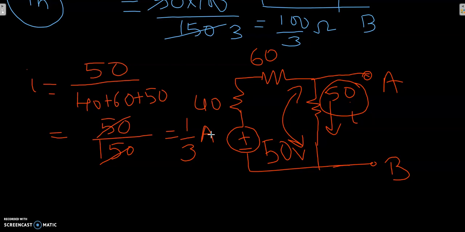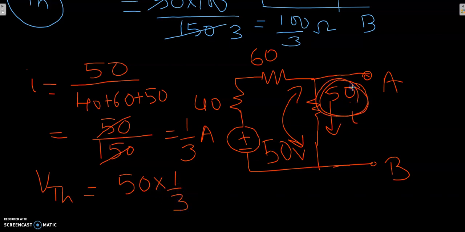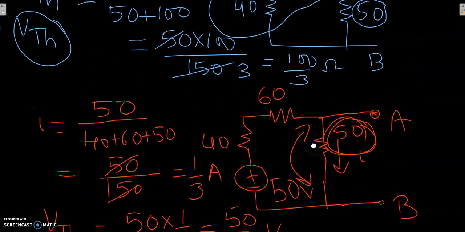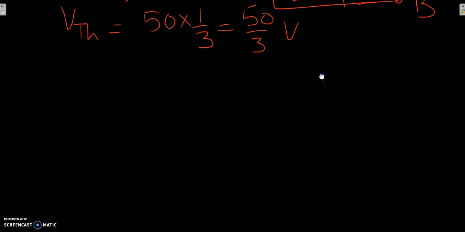So VTH would be 50 into 1 by 3, where 50 is this resistance. So this equals 50 by 3 volts. Okay, so we have obtained the Thevenin equivalent resistance as well as the Thevenin equivalent voltage.